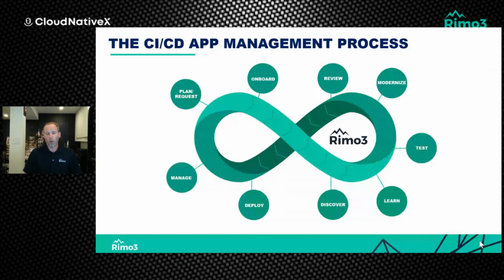So what you end up with once you start to implement the Remo 3 automated process is you start to now evolve and adopt a CI/CD app management process. And I say adopt because traditionally the Windows application management process has been somewhat linear.